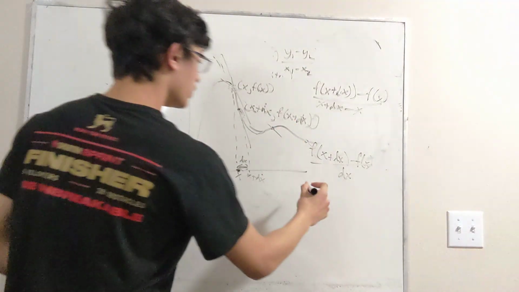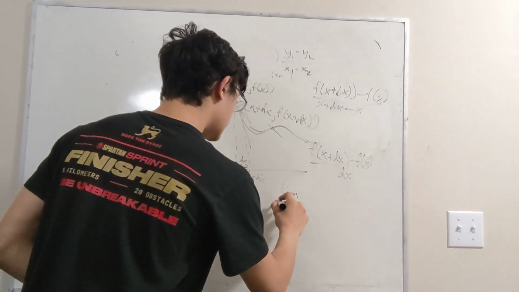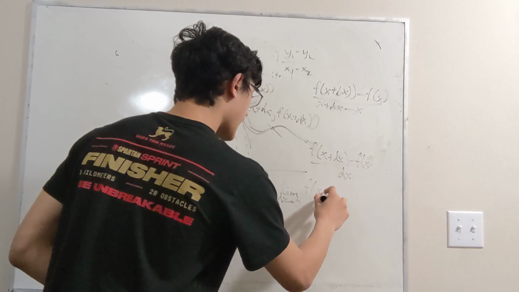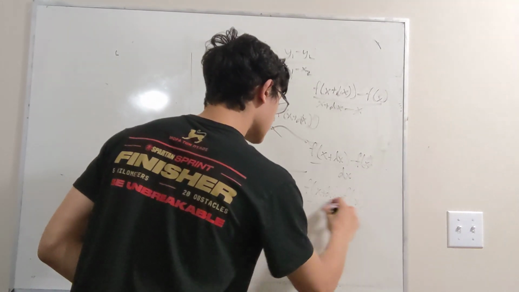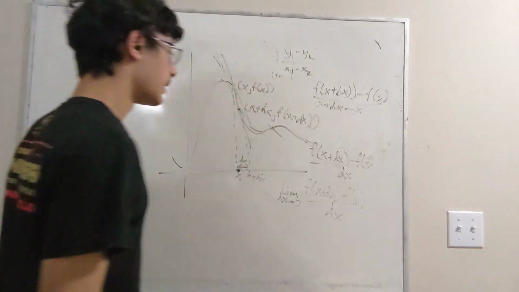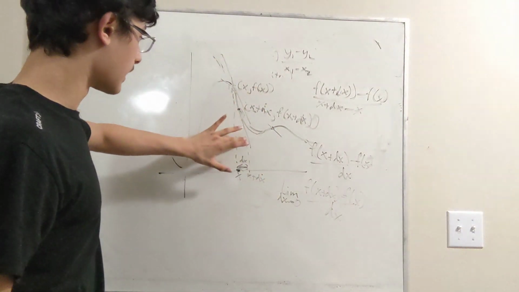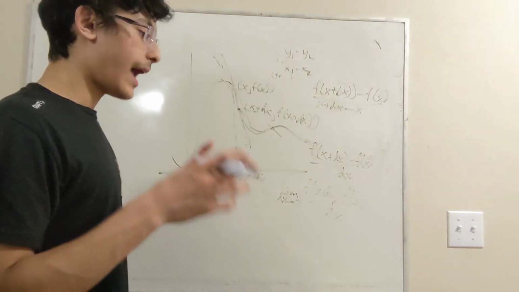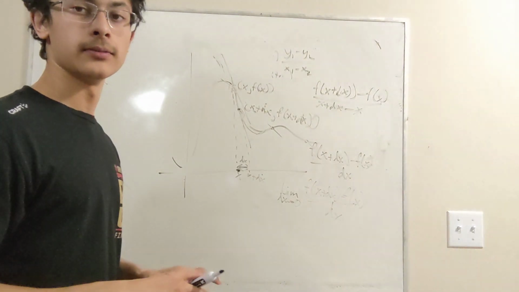So we just write here: limit as dx tends to 0 of f of x plus dx minus f of x, divided by dx. And this is the slope of any point on any graph at x.